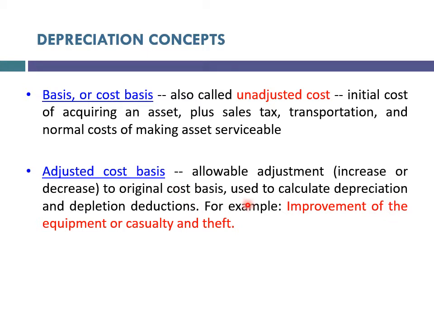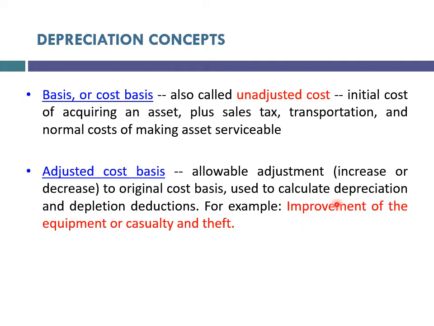And we do this in order to calculate the depreciation reductions or depletion reductions. It can be why we may need to adjust the cost basis. So we may do an improvement on the asset.